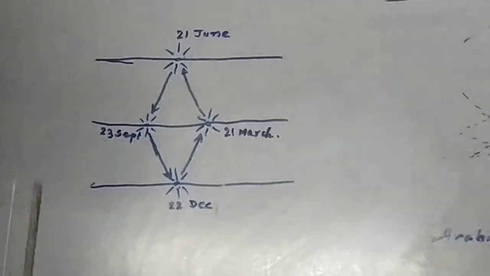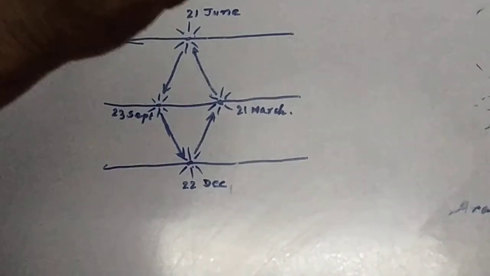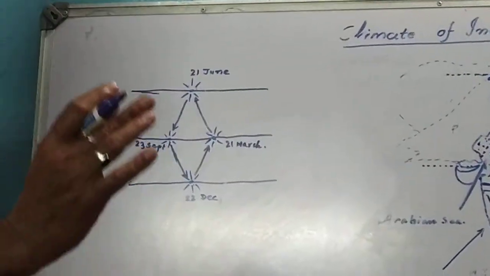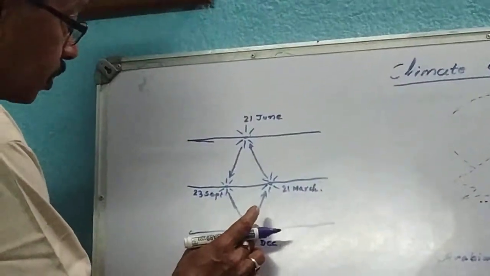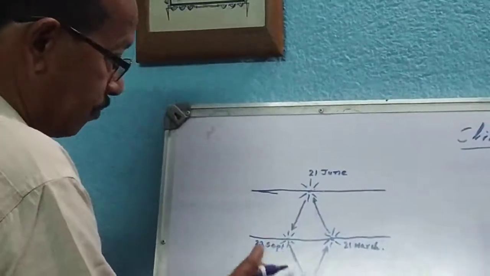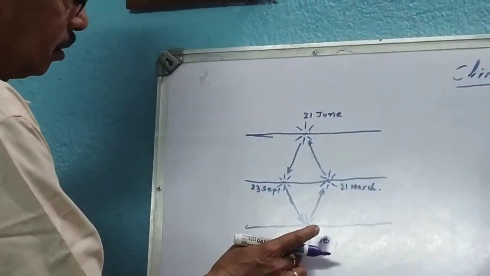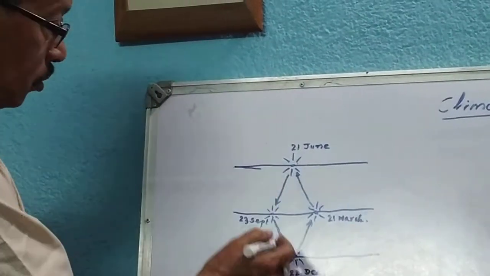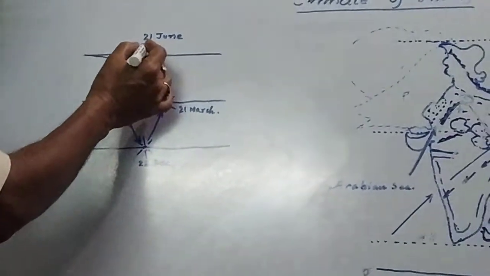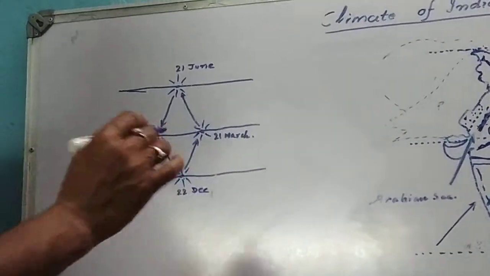Because of the inclination of the Earth's axis and the elliptical shape of the Earth's orbit, the sun seems to be moving from south towards north for 6 months. On the other hand, from 21st June to December, the sun seems to be moving towards south. That is called Dakshinayan. And from 21st December to 21st June, this apparent movement of the sun is known as Uttarayan.